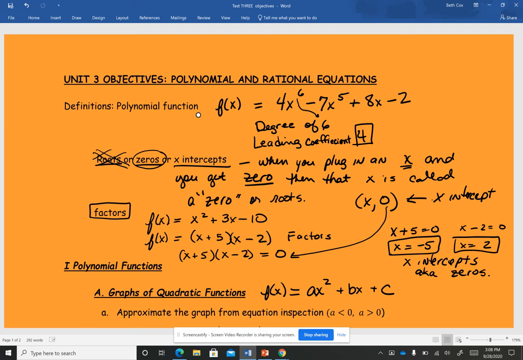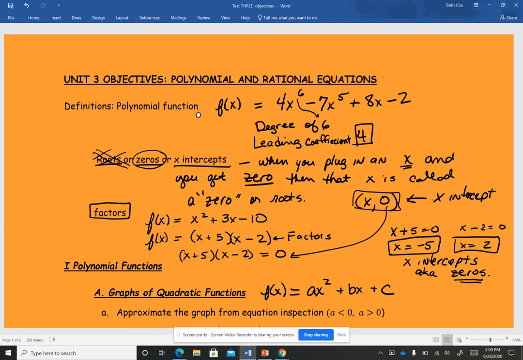And so we've done this with quadratics. We will eventually learn this with other polynomials. Okay, so these are just some definitions. These are the factors, and from the factors we get the zeros. And remember what a zero is. It's a number. When you plug it in, you get 0, also called an x-intercept. Okay, and so those are just some definitions and some things that we're going to be talking about.